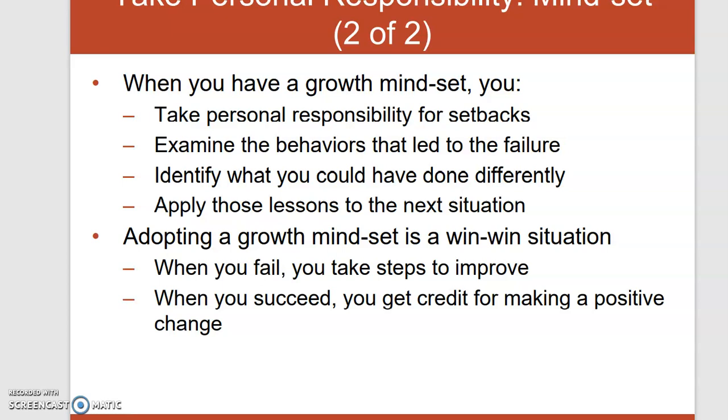So I think about what I can do differently and apply what I learned to that next situation. Having a growth mindset means that we can move forward and grow personally, because if we fail or have setbacks, we take steps to improve, and we will see those positive changes in our life.